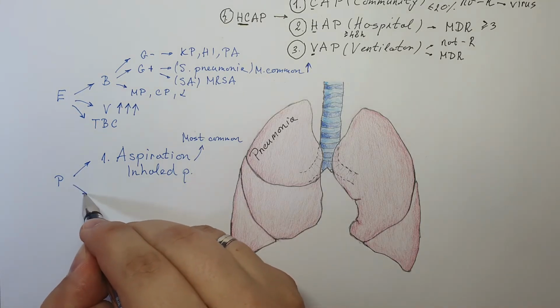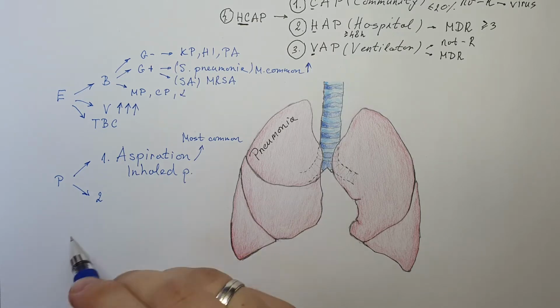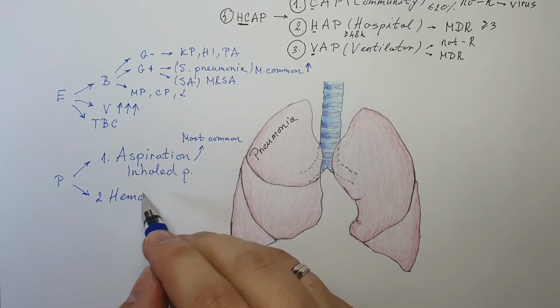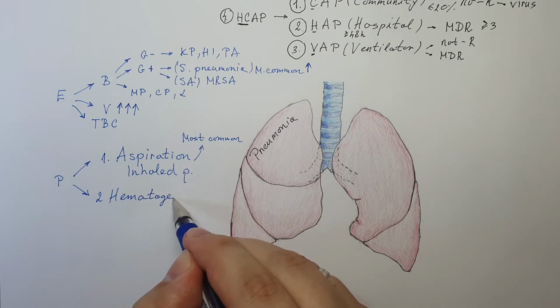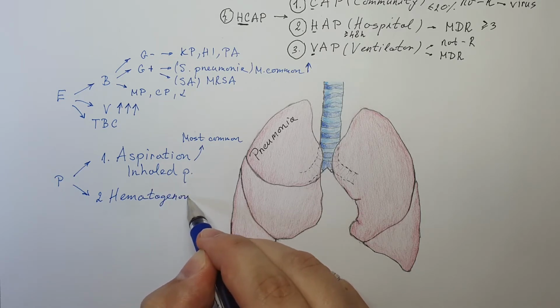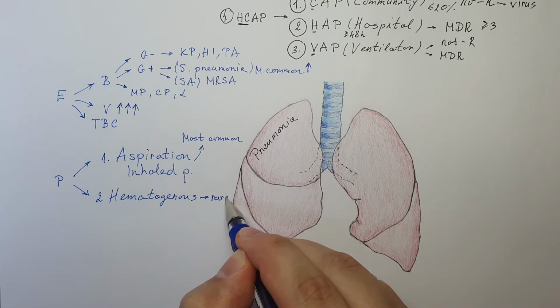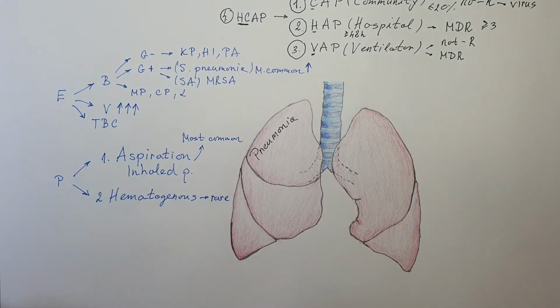The second one is rare. There is a possibility for a hematogenous spread, but this type is rare. You need, for example, to have an endocarditis, an infection in the heart that will hematogenously spread and infect your lungs.